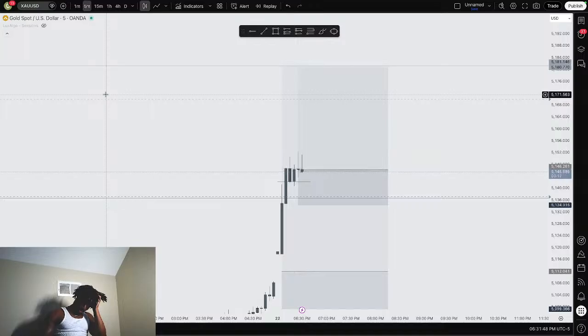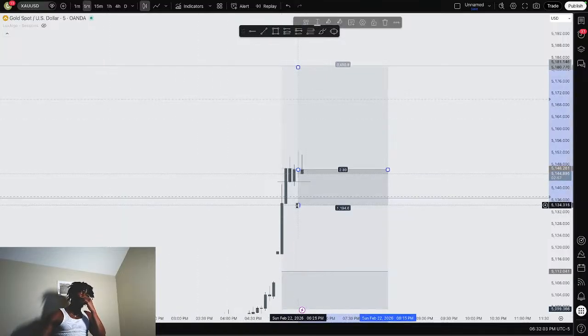That actually makes sense. So I'm gonna move all my stop losses below this consolidation range. If price breaks below this consolidation, I no longer want to be in the trade.